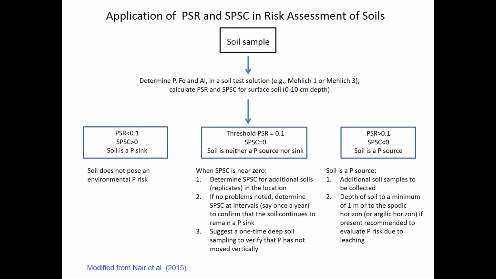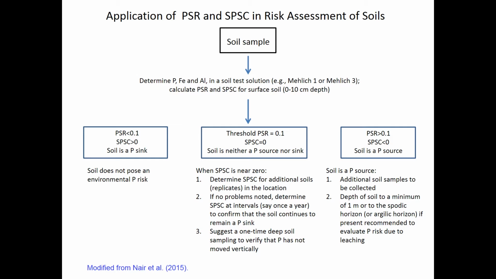Now, how do we use the PSR and SPSC in risk assessment of soils? What would be the suggestion? Well, we have a soil sample. Determine the P, iron, aluminum in a soil test solution, example Mehlich 1 or Mehlich 3.